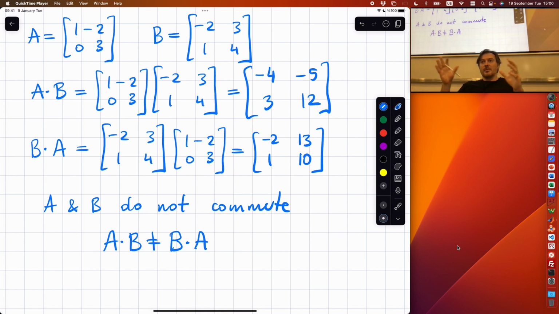Okay? Let me spoil where it all goes. You must have heard of Heisenberg's uncertainty principle. Okay? We will see that position operation and momentum operations, they do not commute, and that's why you can't measure them simultaneously at the same time.